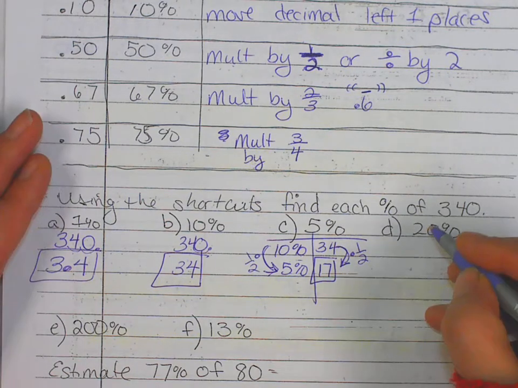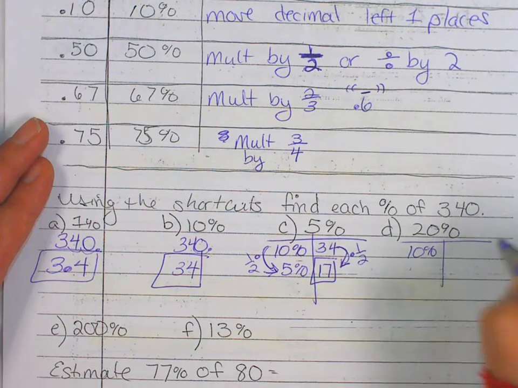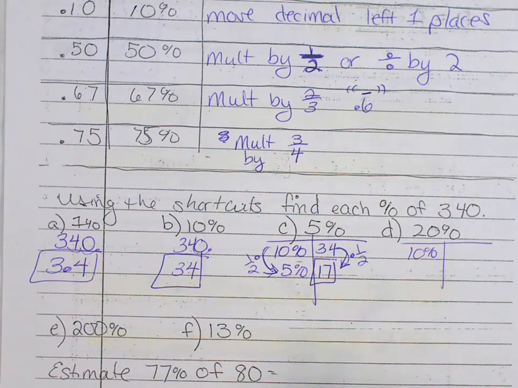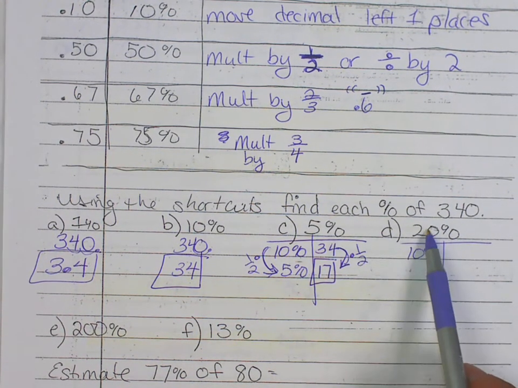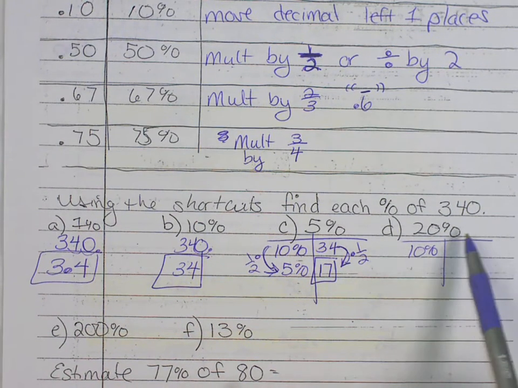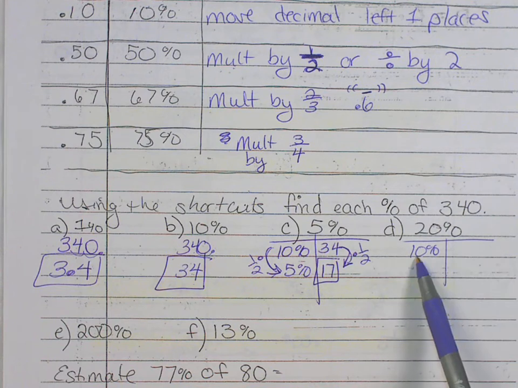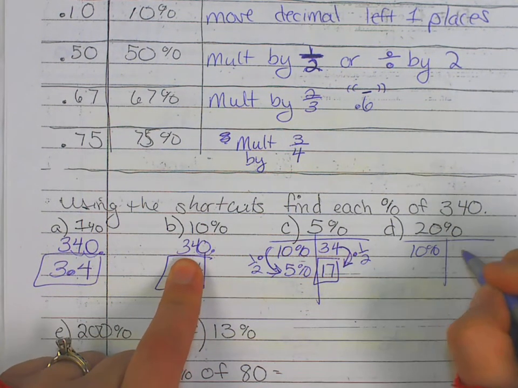Let's use 10% again. And this is how I do tip. When I go to the restaurant and I want to do a tip, let's say we had a really wonderful $340 meal. Not the kind of money I normally spend on dinner. I figure out 10% first by moving the decimal left 1 place.